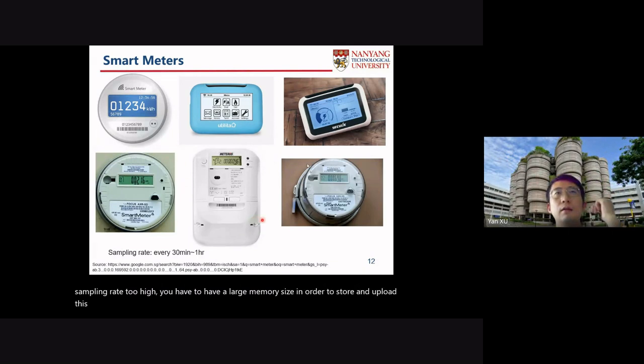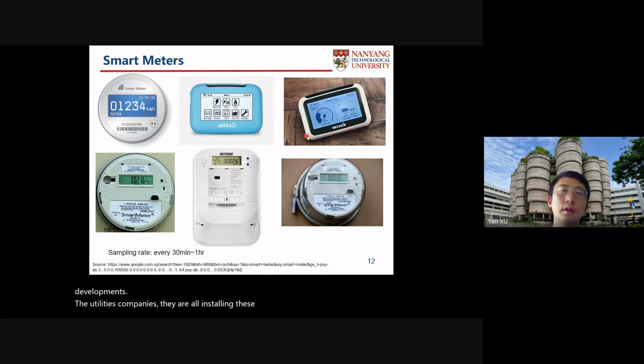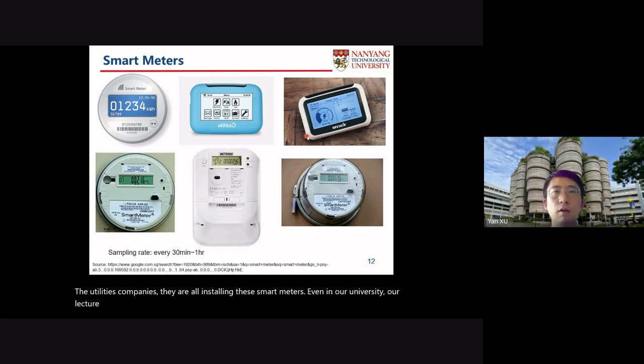So that is how smart meters look. Nowadays, these smart meters are very cheap already. For many new buildings and new developments, the utility companies are all installing these smart meters. Even in our university, our lecture rooms and our student halls are all installed with these smart meters.